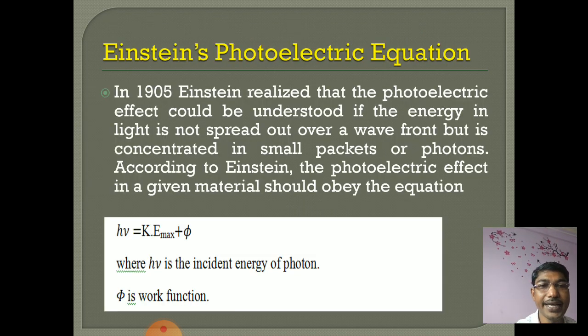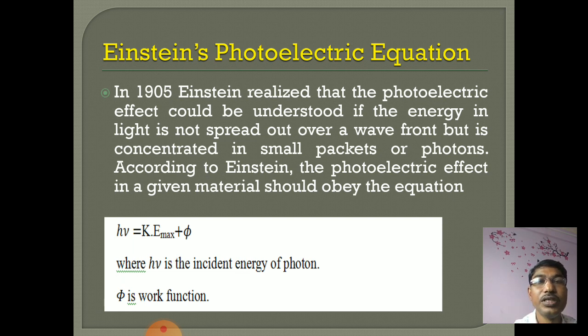This photoelectric effect can be explained in the classical way also, but in classical mechanics there are some drawbacks. Classical mechanics cannot explain why the electron is emitted instantly when light of suitable frequency is incident on the metal plate.